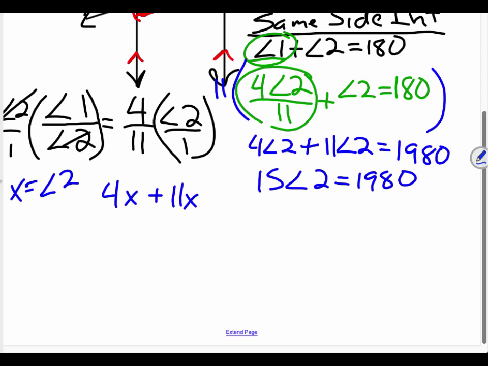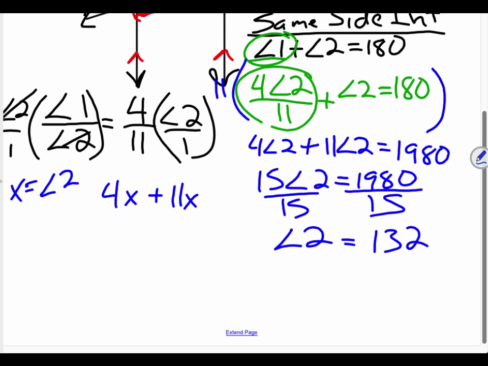So now normally what would you do next? Divide by 15. So when I divide by 15 on both sides, I get the measure of angle 2 is equal to 1980 divided by 15, which is 132.